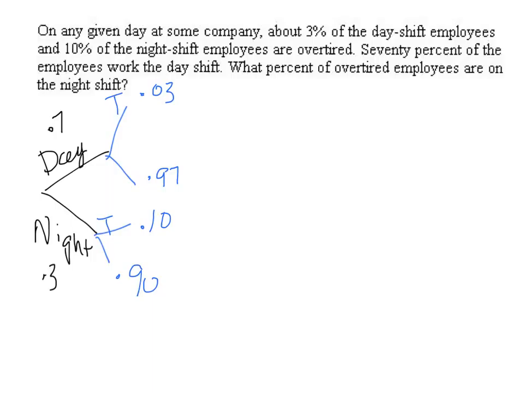What percent of the overtired employees are on the night shift? So we need to find out how many employees are overtired. So if we multiply 0.7 times 0.03 and 0.3 times 0.1 and add those two together to get the total number of overtired people, it would be 0.051.